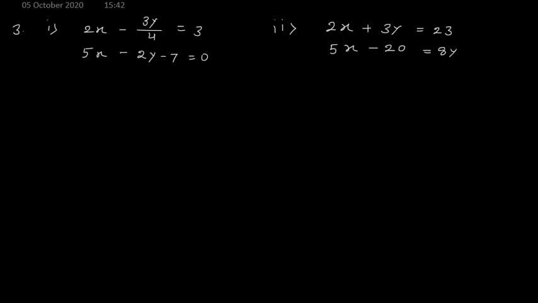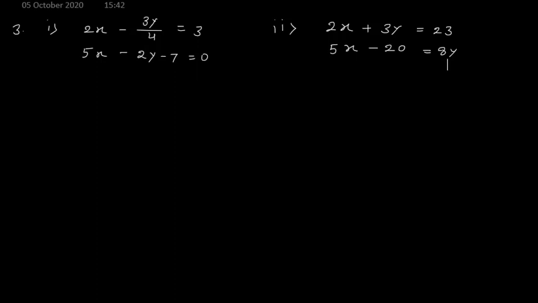Now third question: 2x minus 3y by 4 is equal to 3 and 5x minus 2y minus 7 is equal to 0. What you do here, you can say that 2x is equal to 3 plus 3y by 4, or else you choose the value of x from equation 2, that is 5x is equal to 2y plus 7. I will prefer to choose from equation number 2.